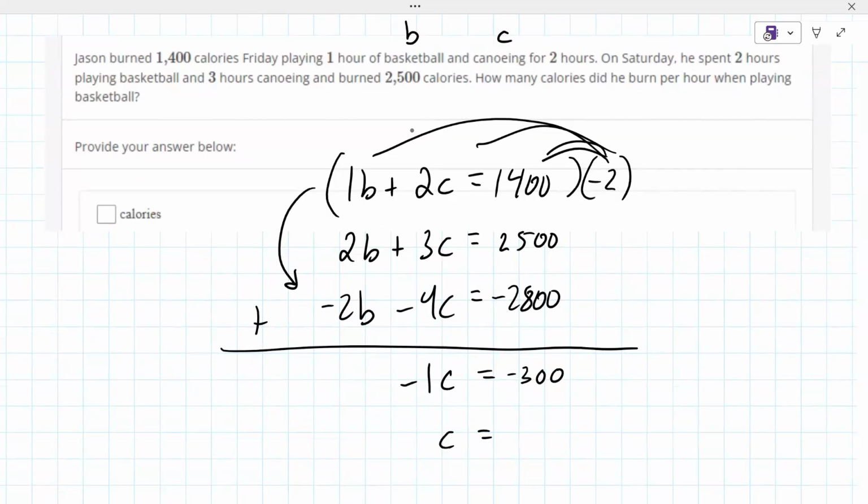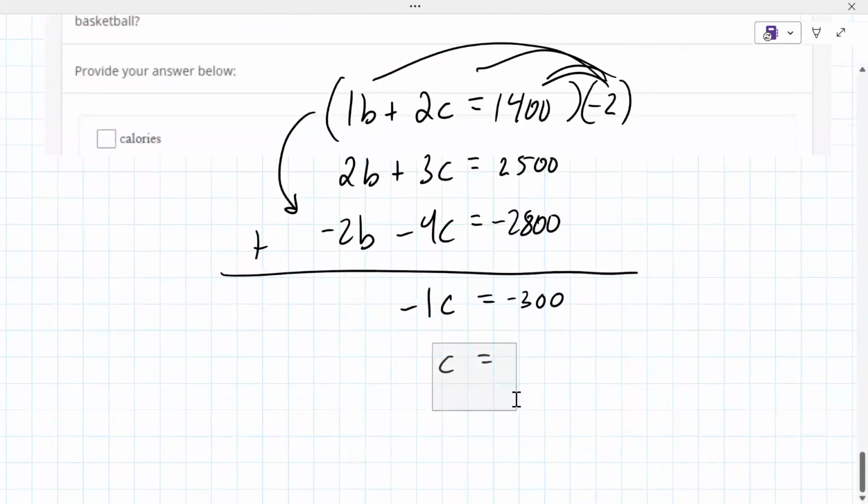How do you undo this -1 in front? It's multiplying the C. How do you undo multiplication? Oh, you divide. Divide by -1. What does C become?